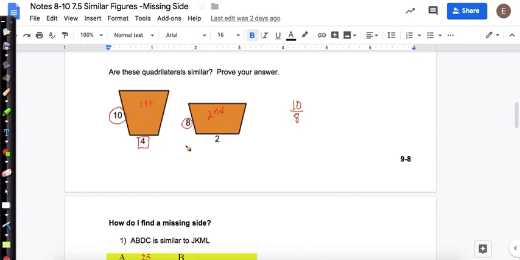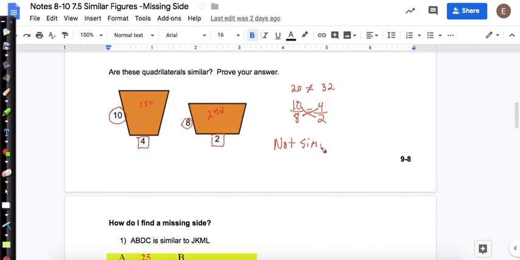And first bottom over second bottom, 4 over 2. Okay, let's do the cross products. 10 times 2 is 20, and 4 times 8 is 32. So 20 does not equal 32, therefore they're not similar.